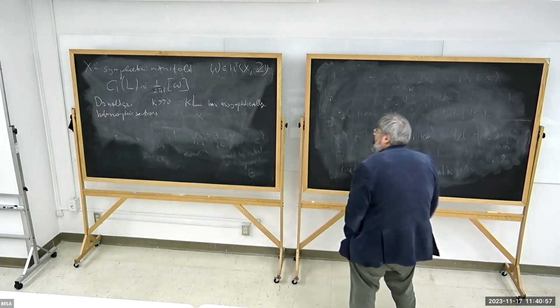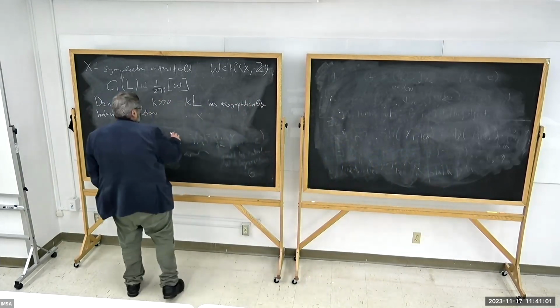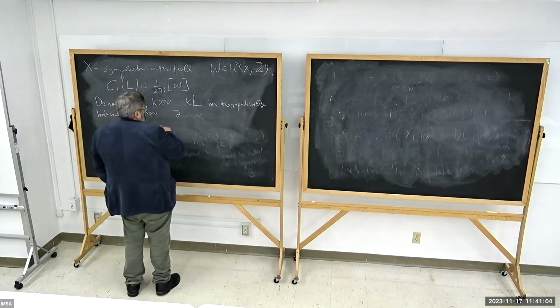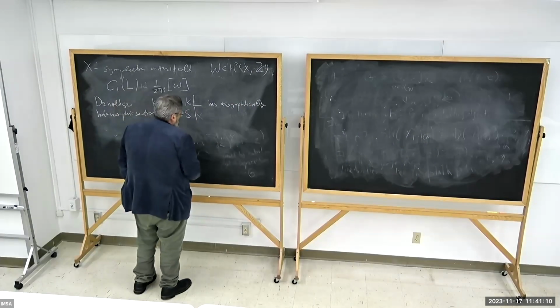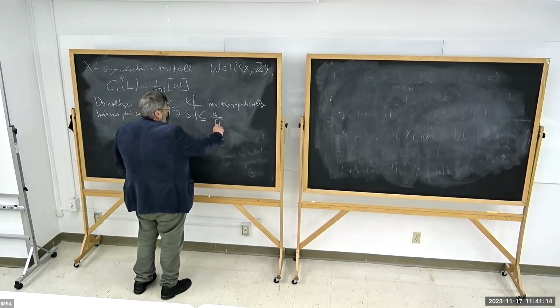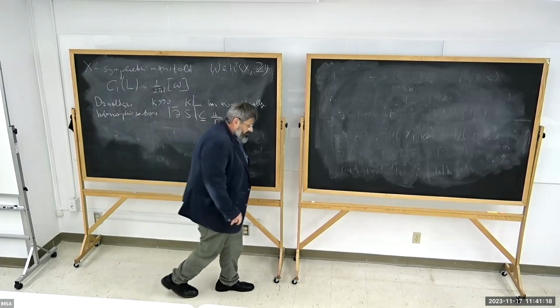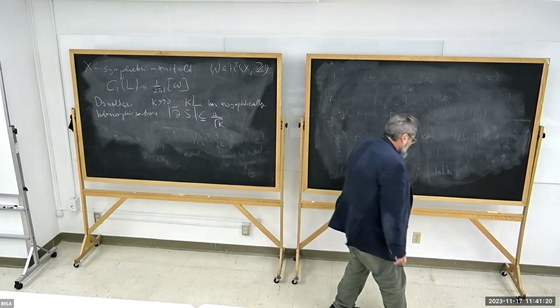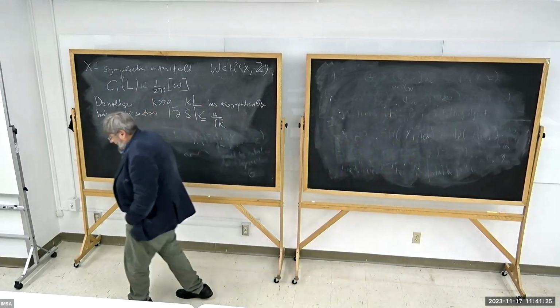These are sections for which the d-bar of them is not 0, but it's becoming 0 when k becomes very big. So this is the infinity norm.